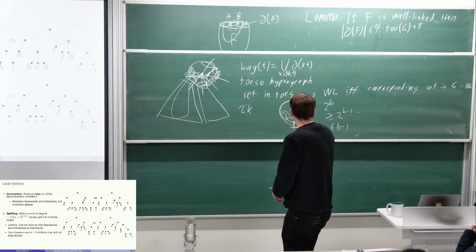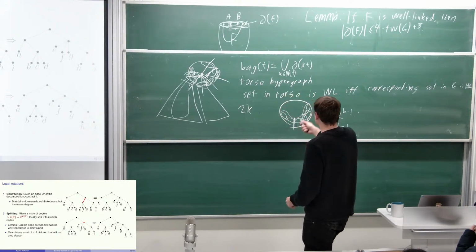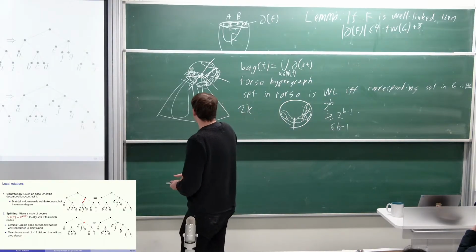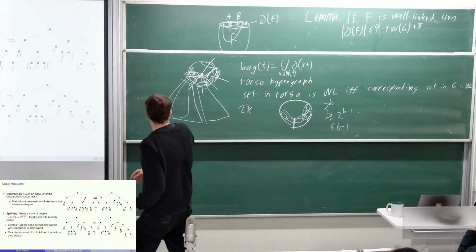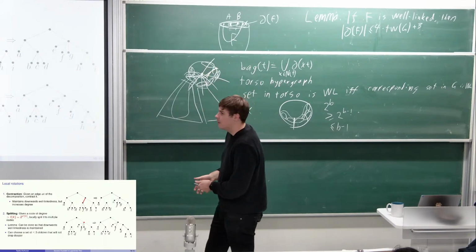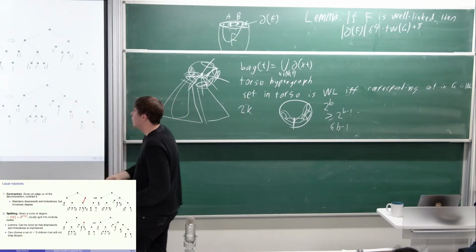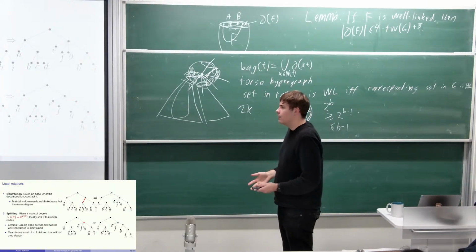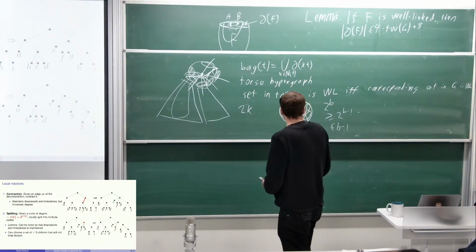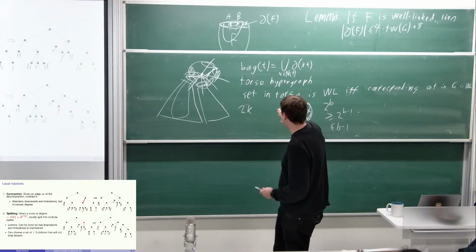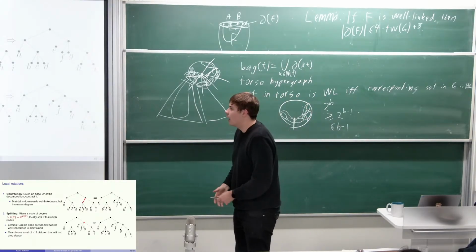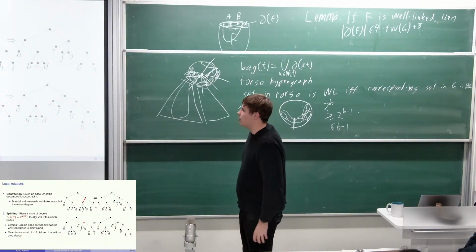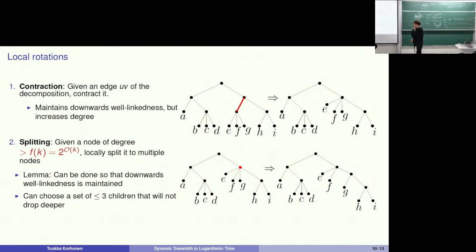And the point here is that all of these computations run locally in this torso hypergraph corresponding to this node, which has at most size 2 to the O of k. So it doesn't matter much how you implement this. It will run quite fast, and you will only need to look at this particular node to implement these things.